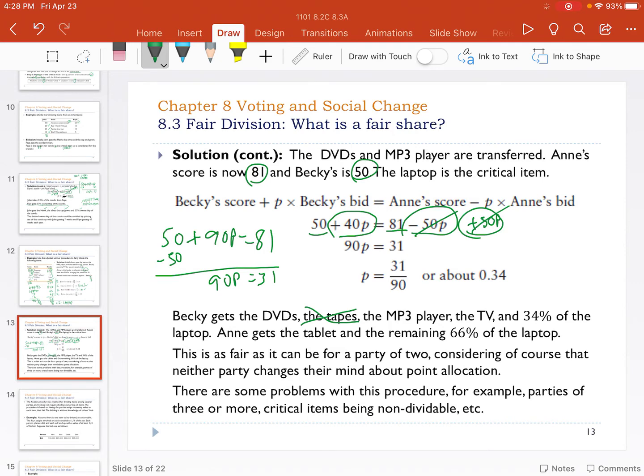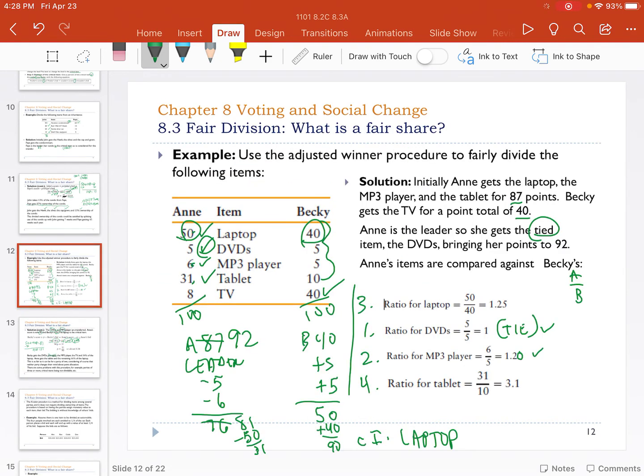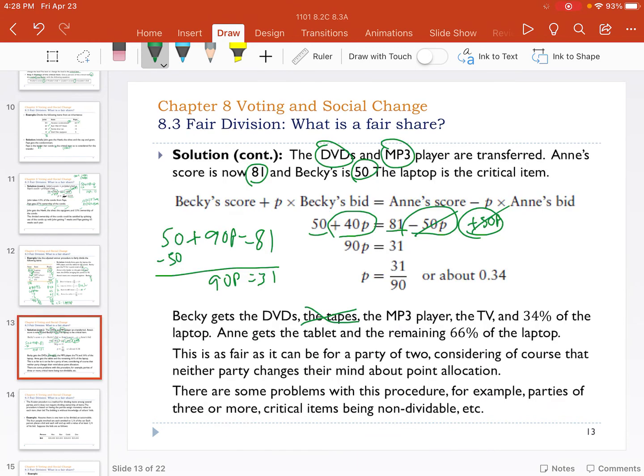Let's review the list here. We switched the two items over, remember? So we transferred the DVDs and the MP3s over. Let me see if I can update this list. So the DVDs went back over to Becky, and the MP3s went over to Becky, and then let's just see. We've got the laptop that's being divided up.